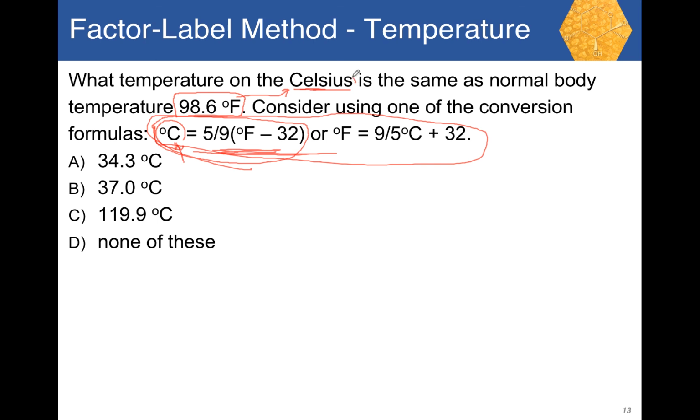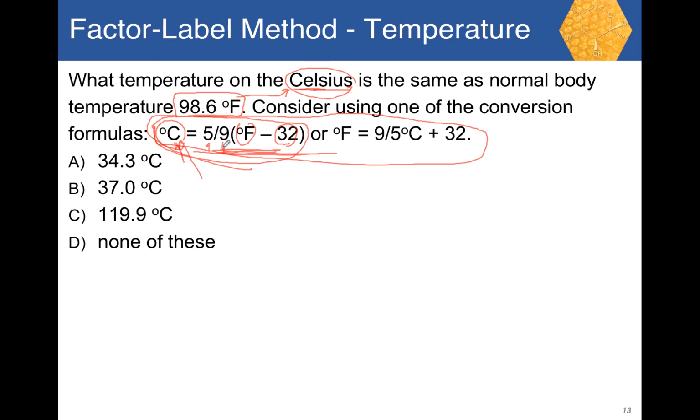Because it asks for Celsius, and this calculates for Celsius. So type in the Fahrenheit, which is 98.6, and then minus 32, and then you multiply that by 5 and divide by 9 and see what you get.